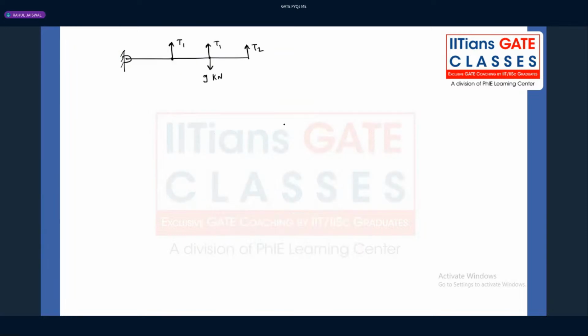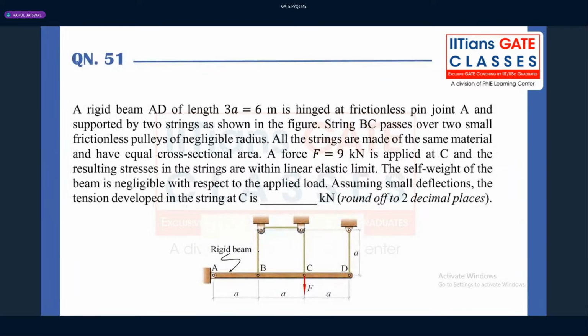Now, guys, why have I written T1, T2? The string which is passing through this one will have the same tension, T1, T1, T1. A string which is passing to this one at point D will have a different tension because it is a smooth pulley. If it is having a smooth pulley, then tension T1 is there, let's say here tension T2 is there.